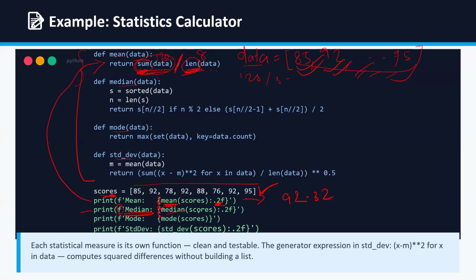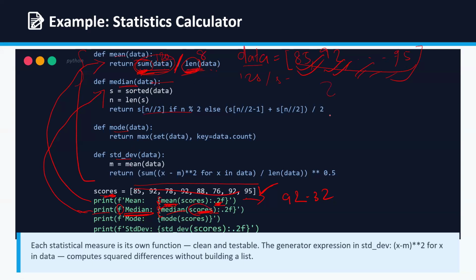So now median of scores. When it sees this, it will call the function median, and the same set of data in scores will be passed into it, and whatever has to be done inside median will be done.